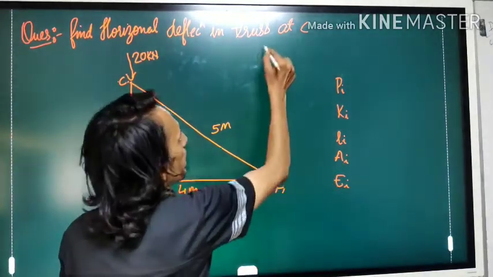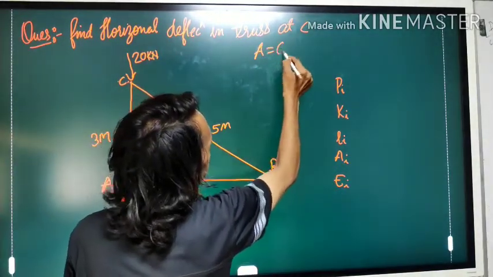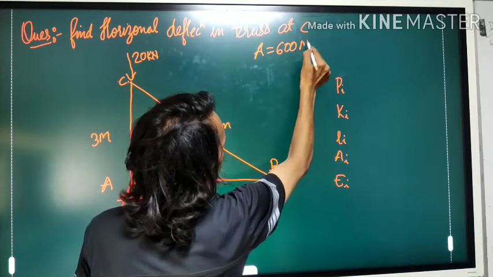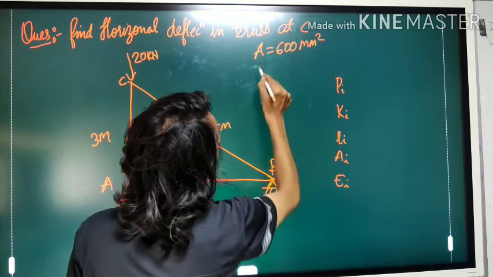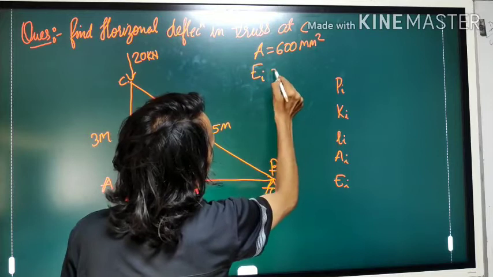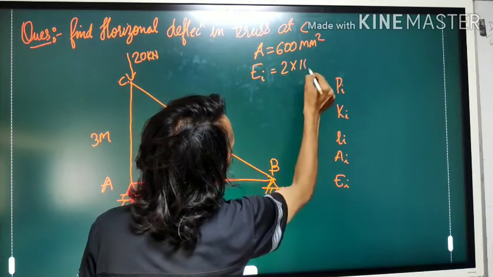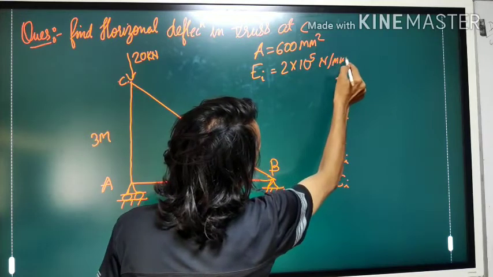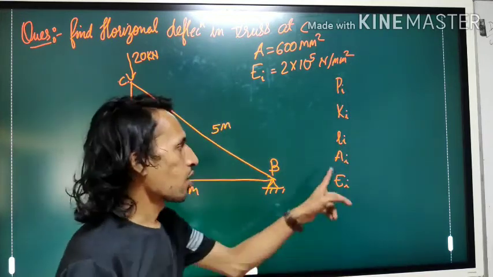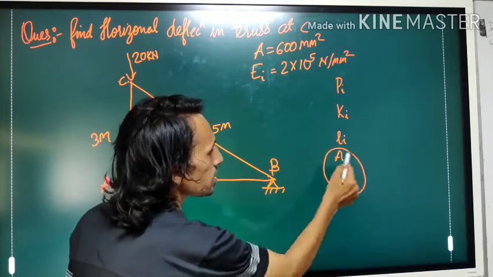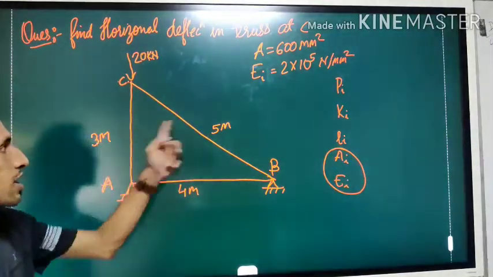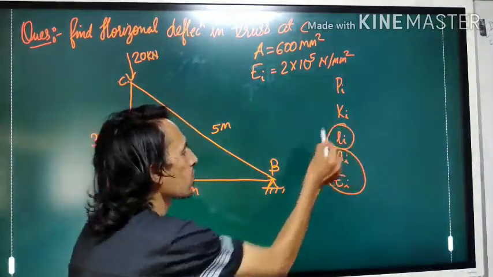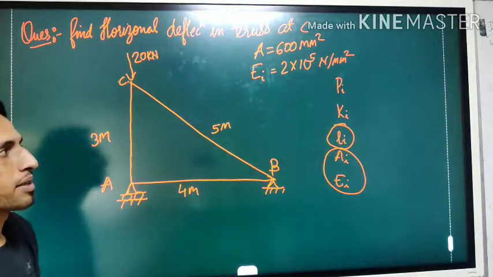What is A? Area is 600 mm square, and EI is 2 into 10 to the power 5 Newton per mm square. So for all the members we know these values. All the lengths we also know, 4 meter, 3 meter and 5 meter.